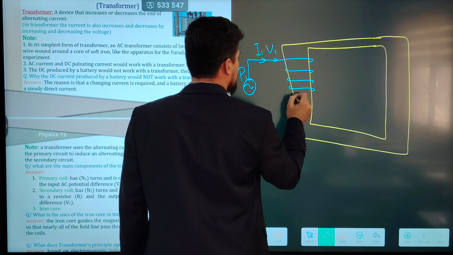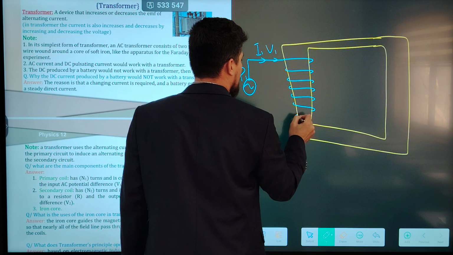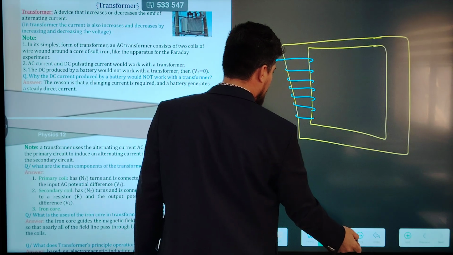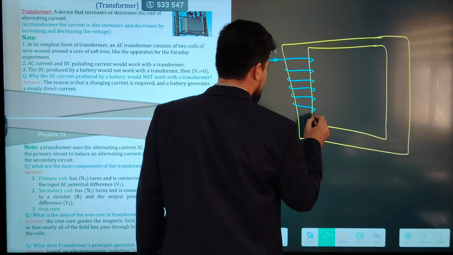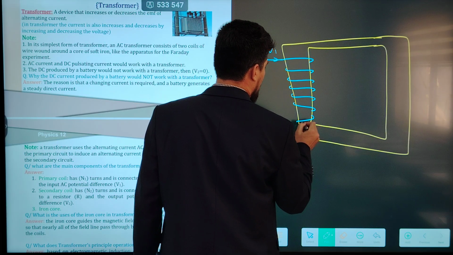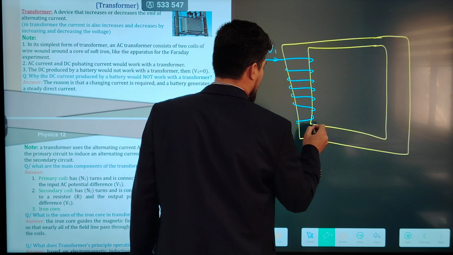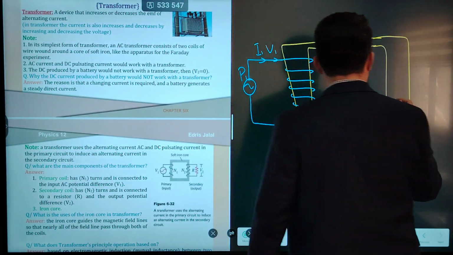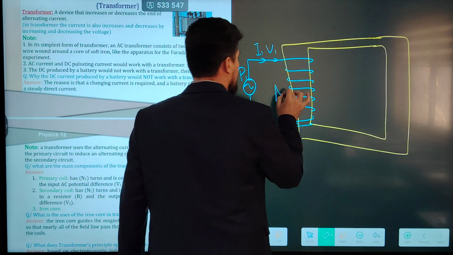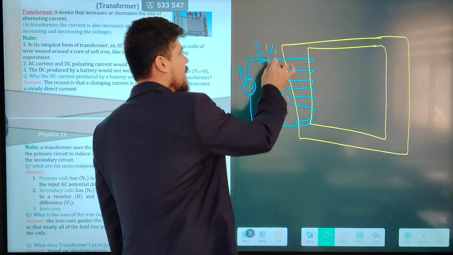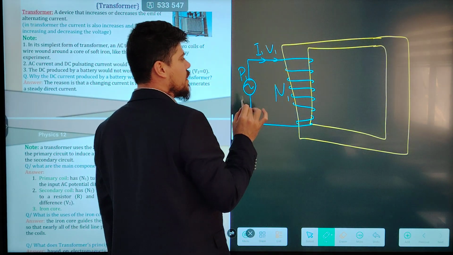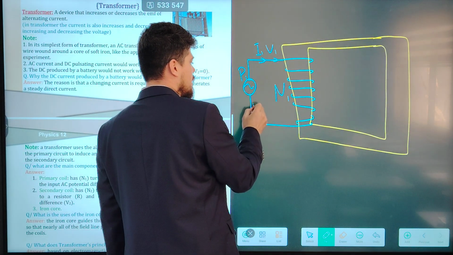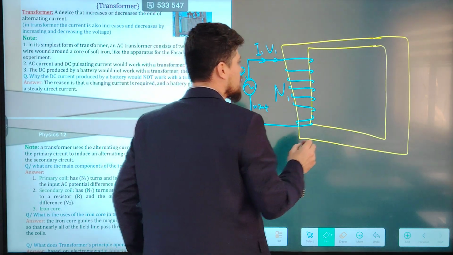The wire is wound around the primary coil. This is the number of turns in the primary coil, N1. We have V1, N1, I1, and the input power. This is the input, the input power.